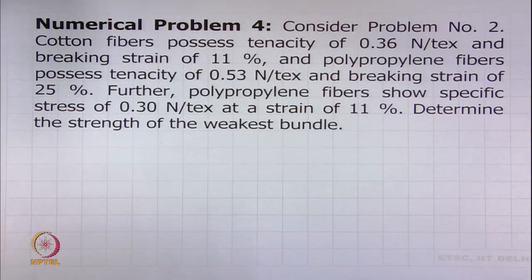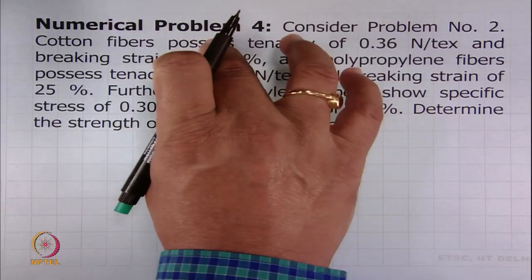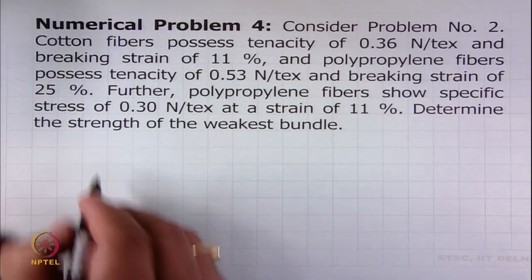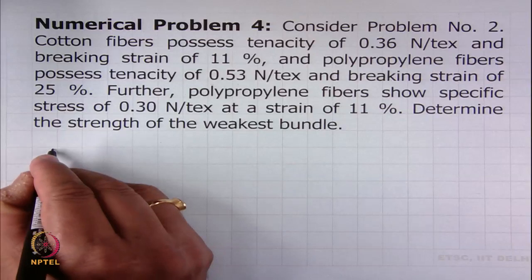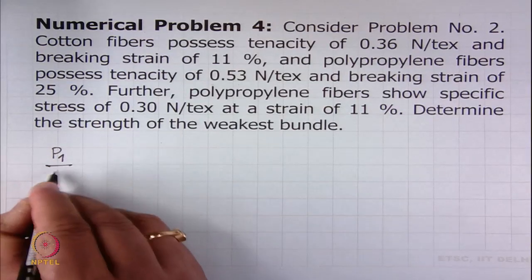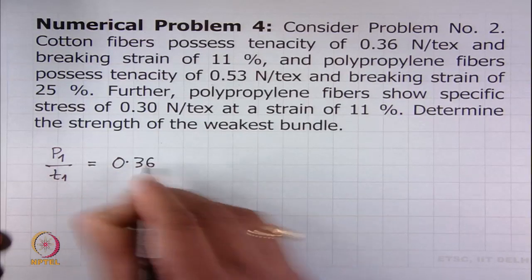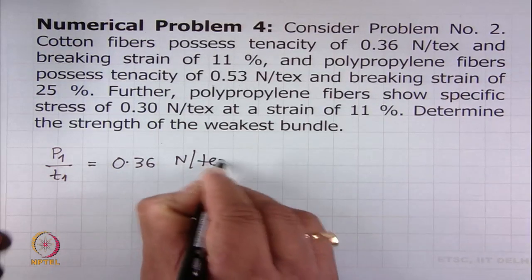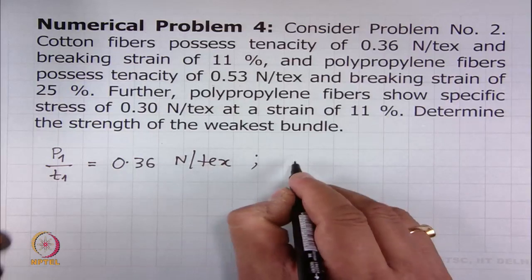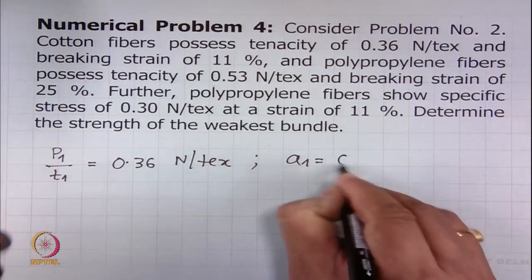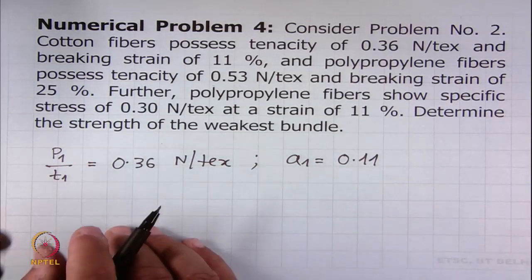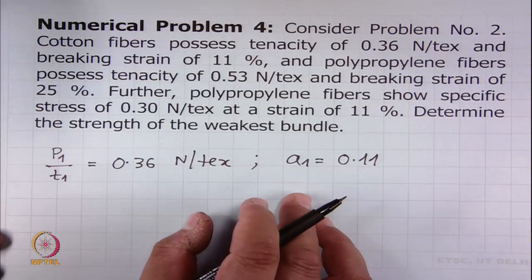So, in problem number 2 also this information was given. P1 by T1 is equal to 0.36 Newton per tex, then A1 is 0.11. Same data were given in problem number 2.